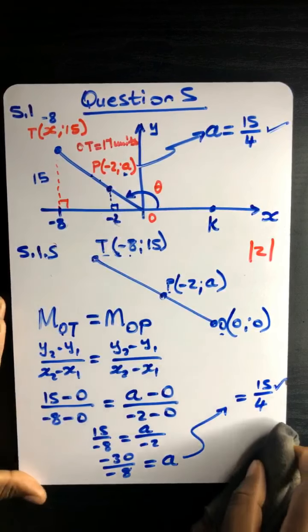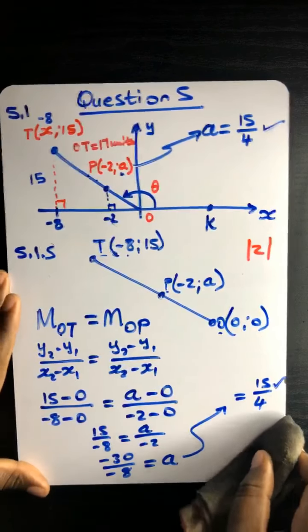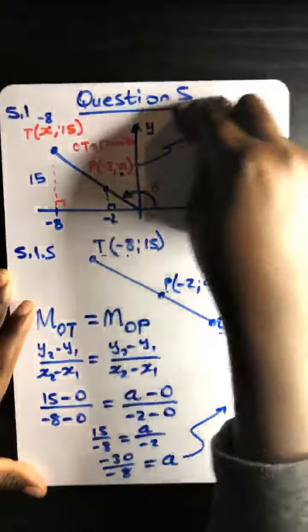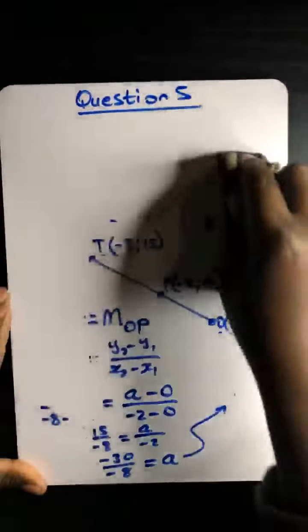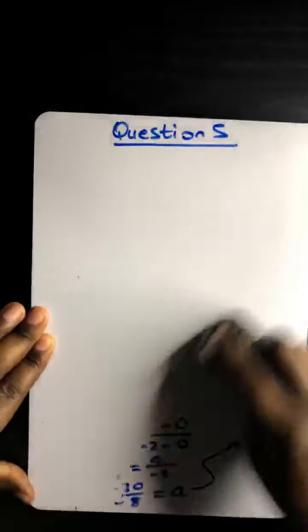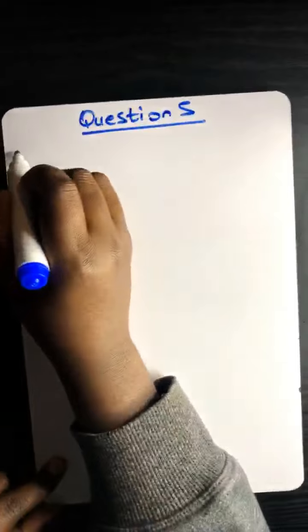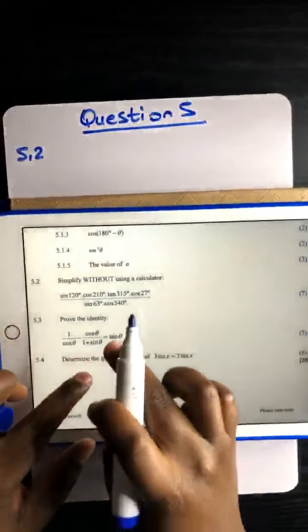So now I'm going to remove all of this, and then we move to the next part of our question 5, which is 5.2. So I'll just bring the question on the screen. What are we having over there, honorable member?